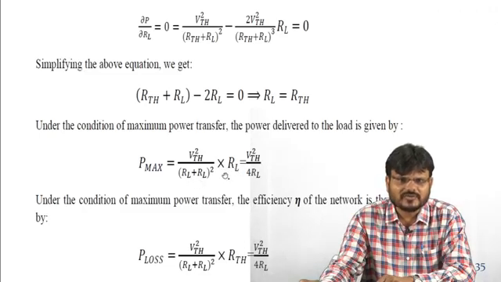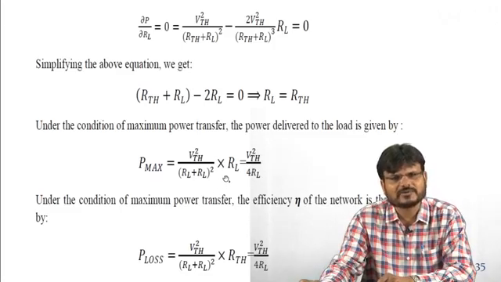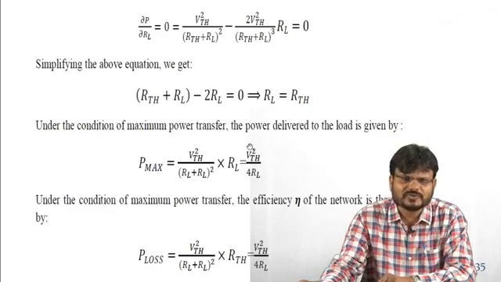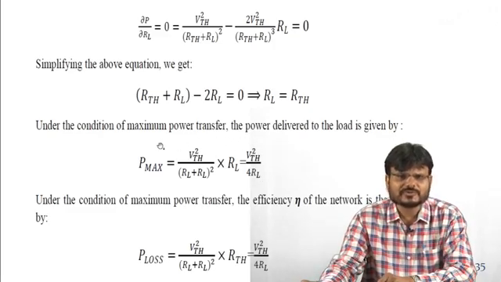This is 2RL, and 2RL square means 4RL square. So BTH square upon 4RL square into RL. RL square will be cancelled by RL. So P max is equal to BTH square upon 4RL. This is the formula to calculate the maximum power transferred from source to load.